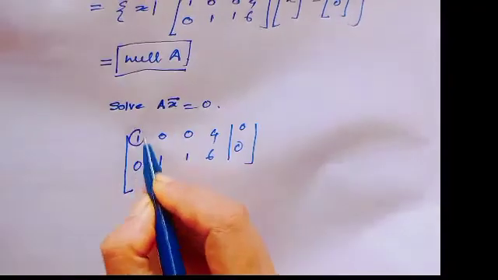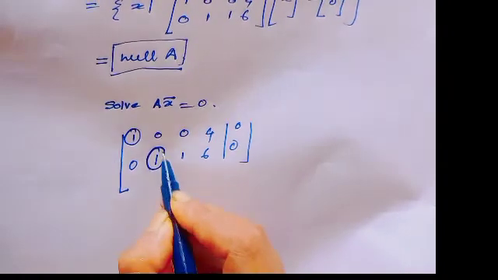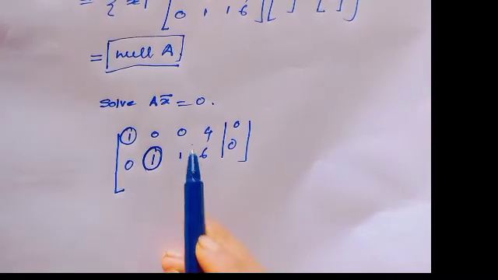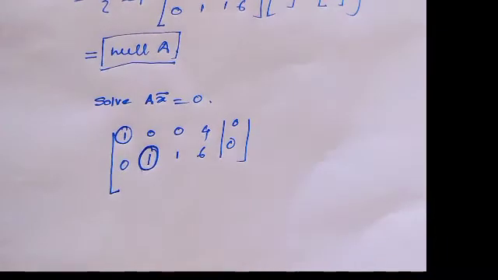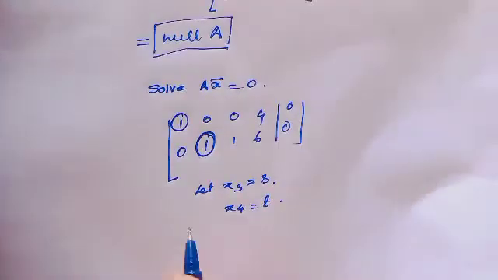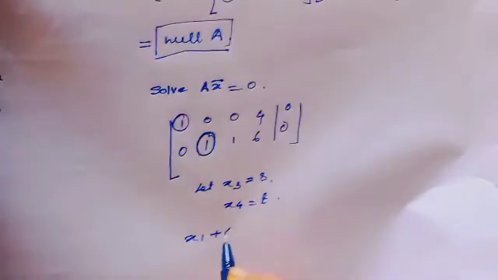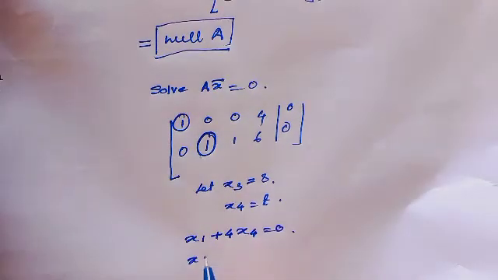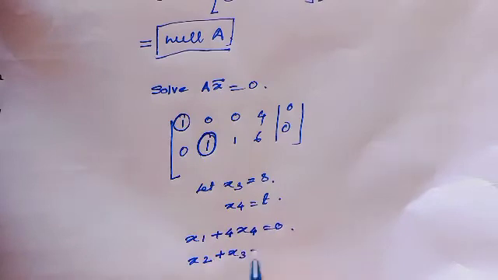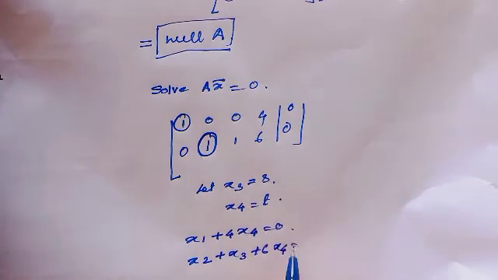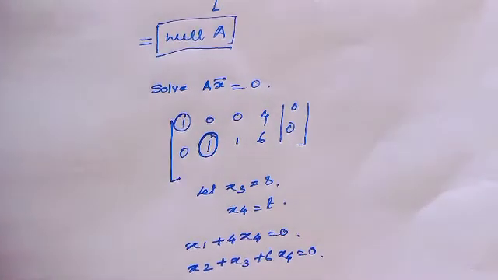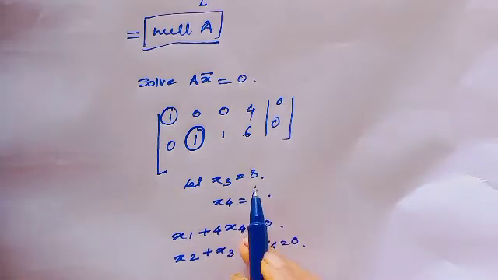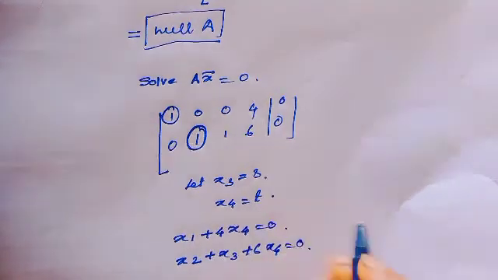Here the pivots are only in these columns, which means the other columns are free variables. From this we can write x1 plus 4x4 equal to 0 and x2 plus x3 plus 6x4 equal to 0. I have considered x3 equal to s and x4 equal to t.